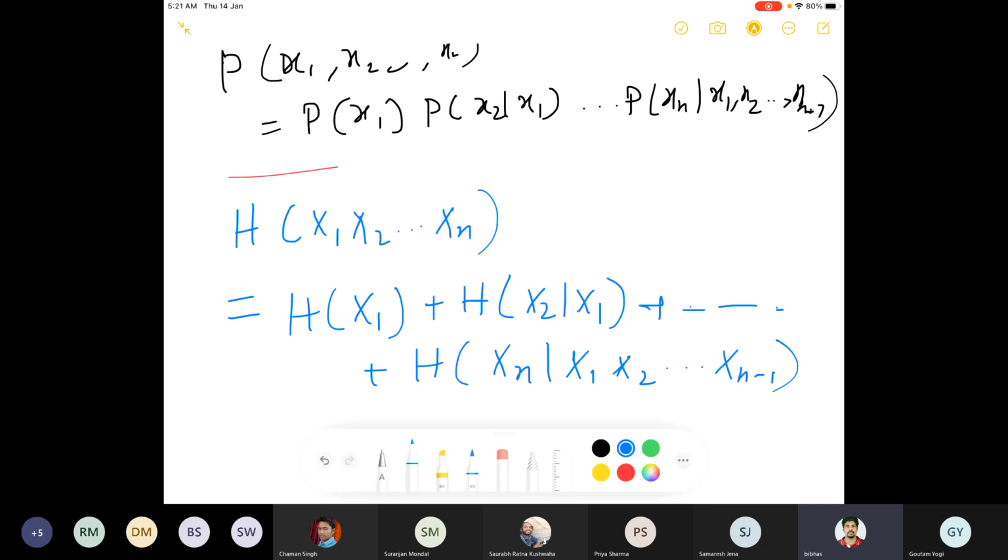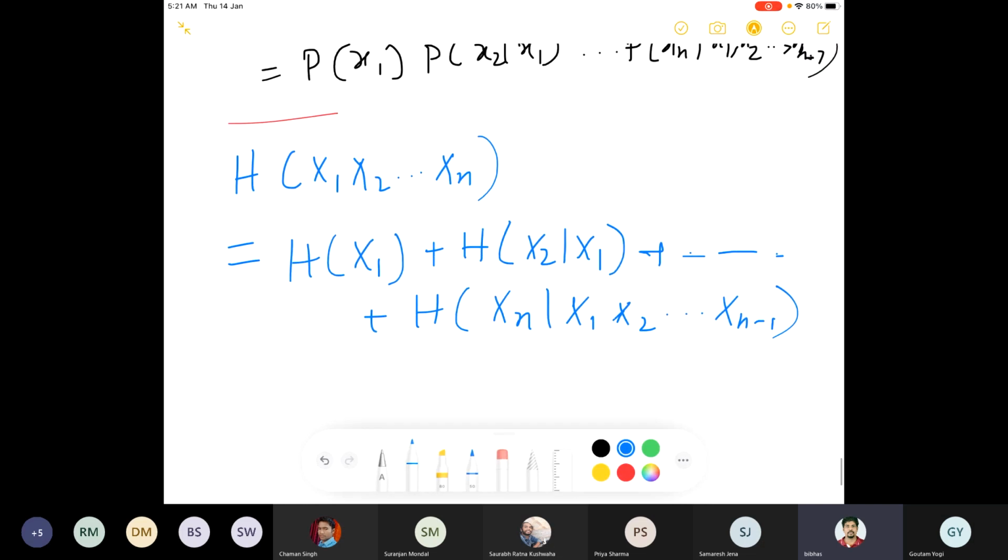I'm telling you again, these are very simple. It looks very complicated, but just using the definition, you can prove it.